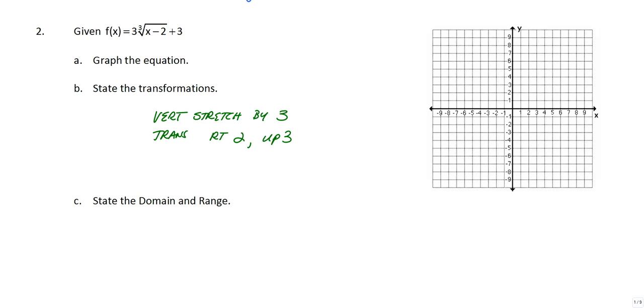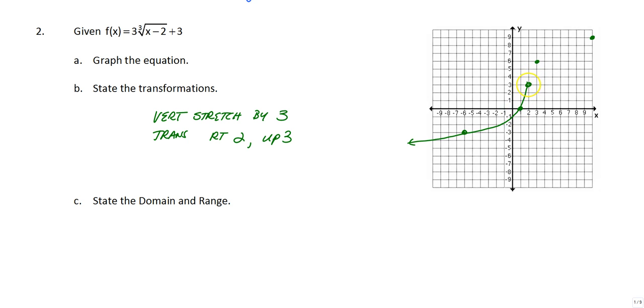So we're going to start at 2, 3. But again, you're just going to type this in your graphing calculator, and you're going to get your own good points. And like I said, just use the table and you'll be good to go. So after you plot all of your good points, you're going to sketch a graph. A cube root, remember, goes forever in both directions.